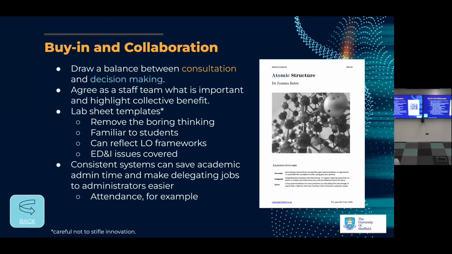To work collaboratively, one of the great things that we have for consistency across everything is our lab sheet templates. Every activity that any of us produce is on a nicely formatted template like this, identical across the whole faculty.